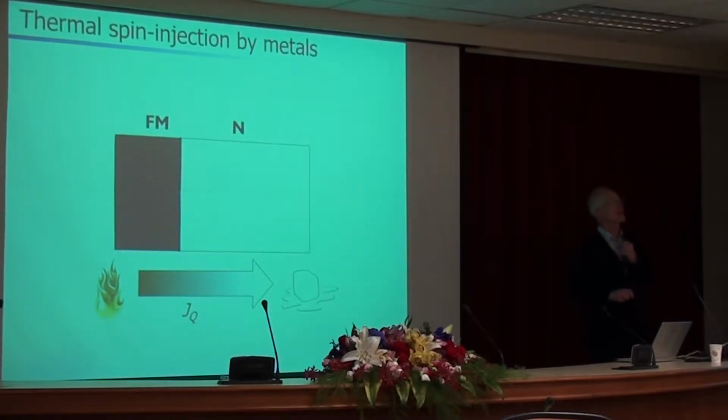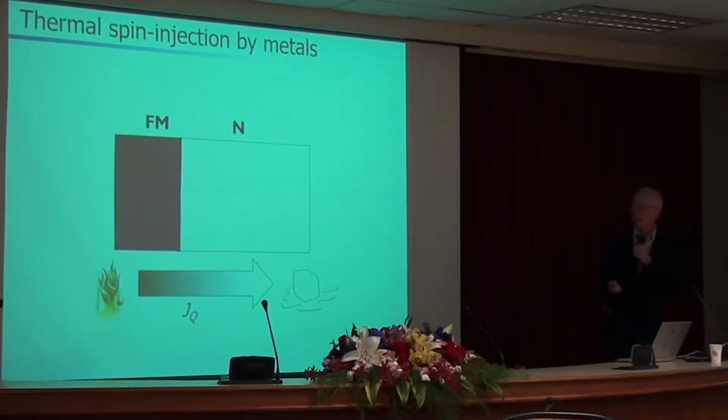Now it's easy to generalize the spin injection experiment by applying not a voltage difference, but a temperature difference over this bilayer. I think we should now know what is happening, because not only the electric conductances, resistances, but also the thermoelectric coefficients for spin up and spin down channels will be different.